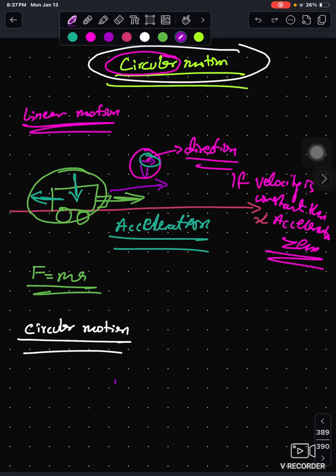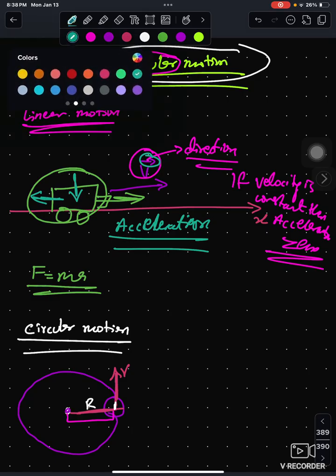If this is an object moving in a circle, this is its velocity, and this over here is its radius. This r shows the radius: any point from the edge of the circle to the center point is the radius.